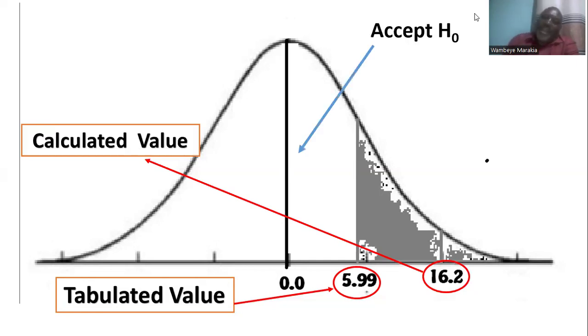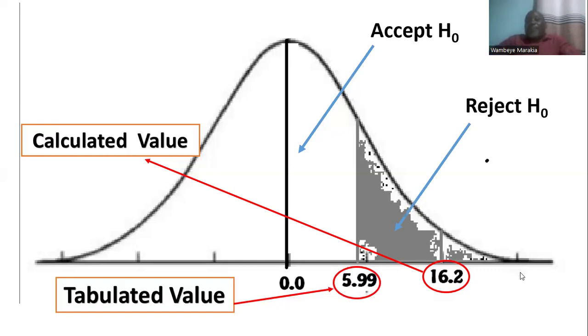If that value fell in this part of the normal distribution, then we would accept our null hypothesis. But since that value is greater than and beyond our tabulated value, our decision will be to reject the null hypothesis.